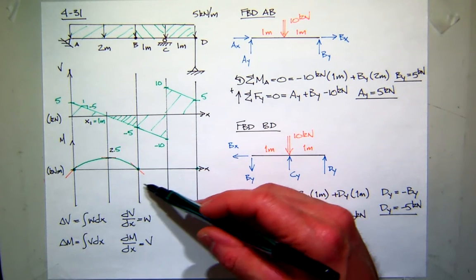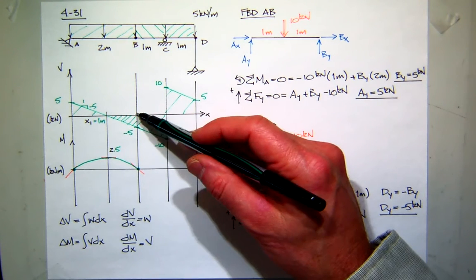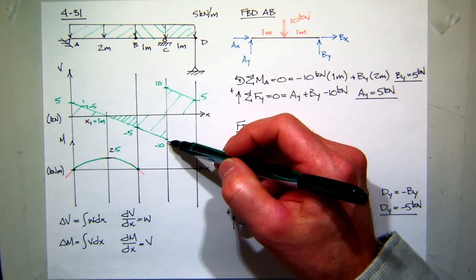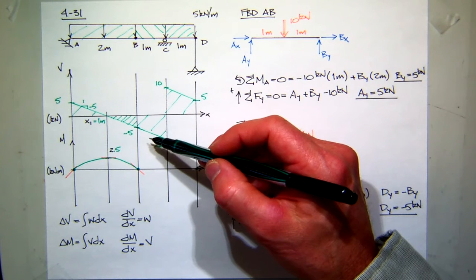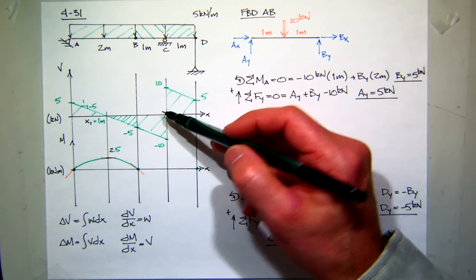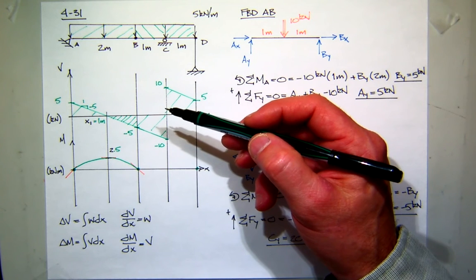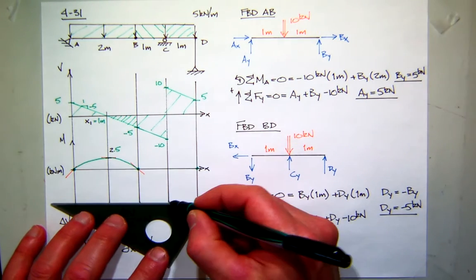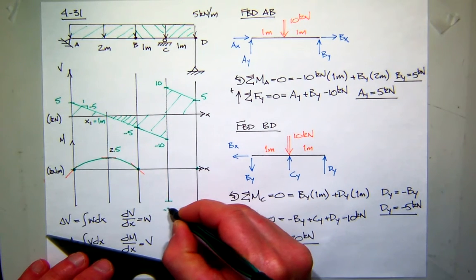Now the next section, the change in moment, is the area under this part of the shear diagram. That's a trapezoid. So if you average the height, you'll get 7.5 times the base of 1, so it should be a change of negative 7.5. So I should land, again, this is where the scale is going to get off, at minus 7.5.